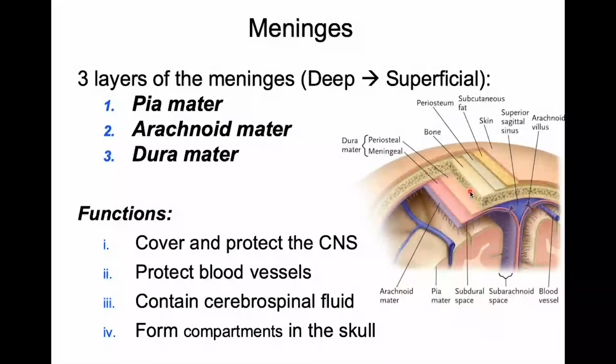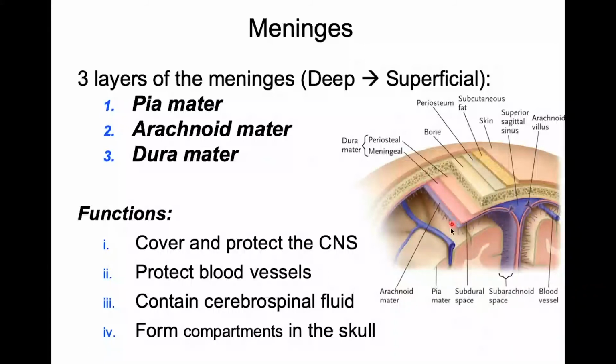When we look at the spinal meninges, we have the epidural space, right, which is where you receive an epidural. So we'll look at that as well when we talk about the spinal cord. All right, so deepest to superficial, we have the pia mater, arachnoid mater, and then dura mater. Now, between these layers, we have 2 spaces. So beneath the dura, we have the subdural space, and this is where you might have heard of a subdural hematoma before.